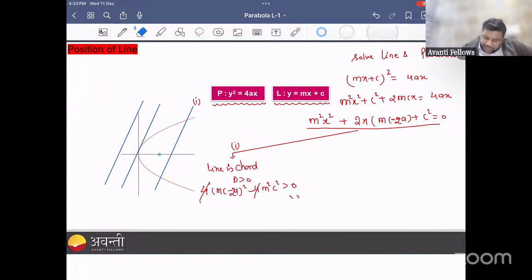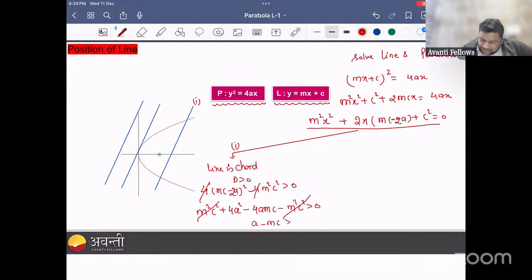So what will it become? M square c square plus 4a square minus 4amc minus m square c square more than 0. They are cancelled. Now you get a minus mc greater than 0. So this is the condition for which this line is a chord of the parabola.